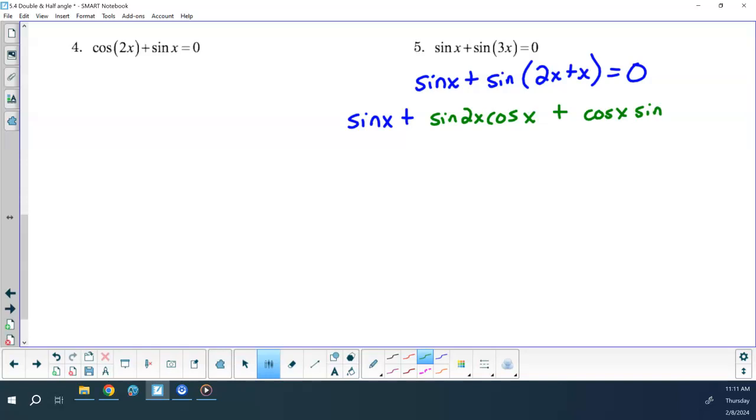Wait, no, I said that wrong. Cosine of 2x sine of x. All right? And that still is equal to 0. Okay? Now what?